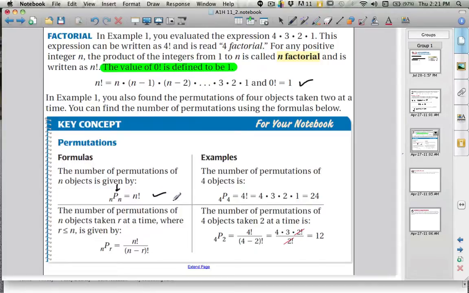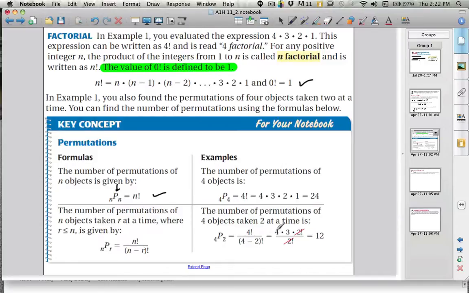But in the case of the second example, where I was taking those 4 letters and arranging them by 2, we did 4 items taken 2 at a time. I talked us through that: there were 4 possible for the first one and then 3 possible for the second. But we can use this formula to calculate permutations. So it's the permutations of n items taken in sets of r, or set size r, is n factorial over n minus r factorial.